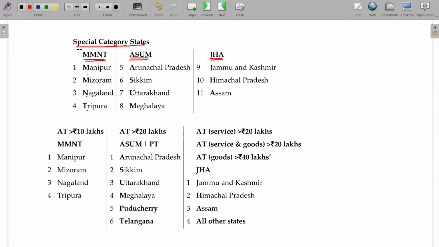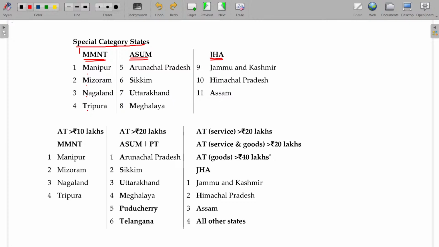We used these terms already in the composition levy: for them, if their aggregate turnover is more than 75 lakhs, then automatically they have to go for the regular taxpayer. They are eligible for the composition taxpayer only when the aggregate turnover is less than 75 lakhs. For other cases, 150 lakhs, 1.5 crore, up to that they are eligible for the composition levy.